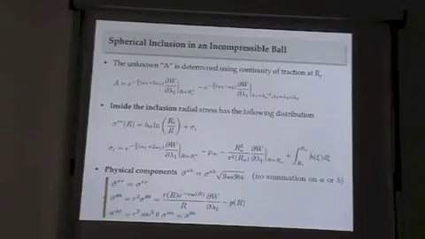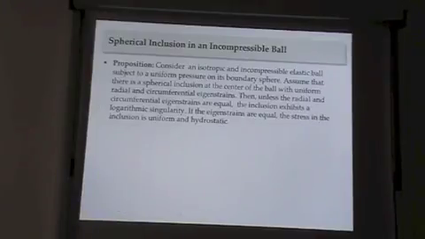Now, if I have pure dilatational eigenstrength, this h0 is 0, and you see the sigma r component is sigma_I. You could show that the other two physical components are also exactly equal to sigma_I. So then we have this proposition: given an isotropic and incompressible elastic ball subjected to uniform pressure on its boundary, which could be 0, suppose there is a spherical inclusion at the center with uniform radial and circumferential eigenstrengths.